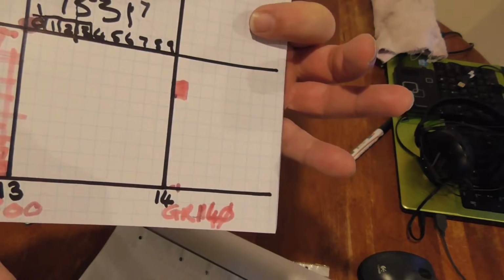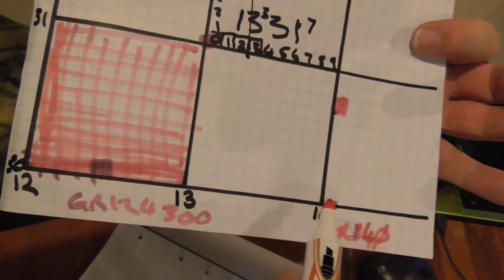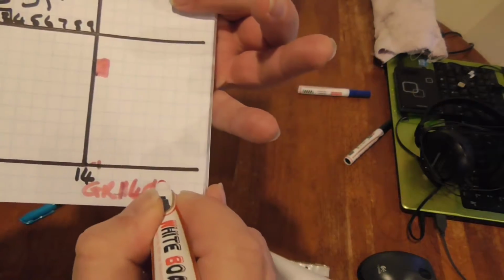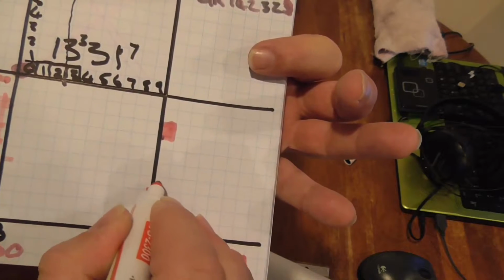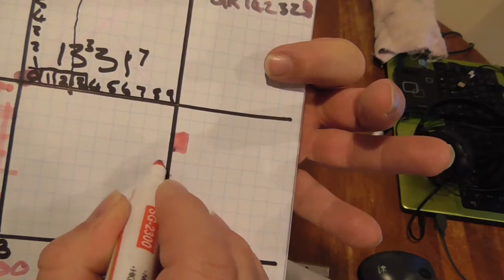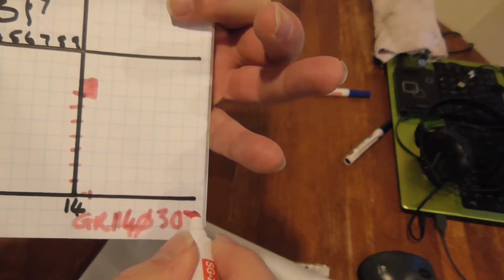The northings is 3, 0. We'll come across here, 3, 0. Okay, because we're talking about this grid square here. So 3, 0. Write that in. 3, 0, and we go up 1, 2, 3, 4, 5, 6, 7. Write that in. 7.